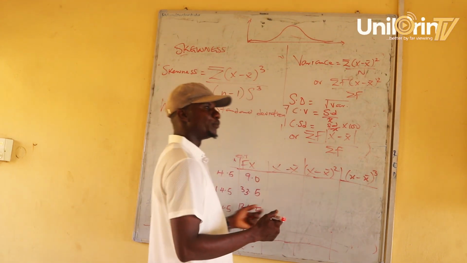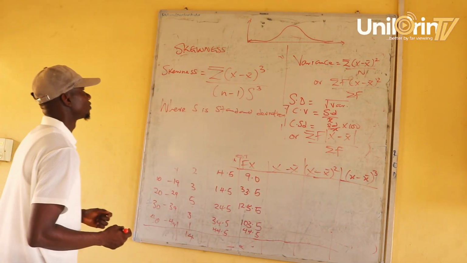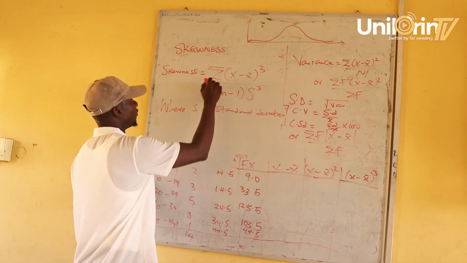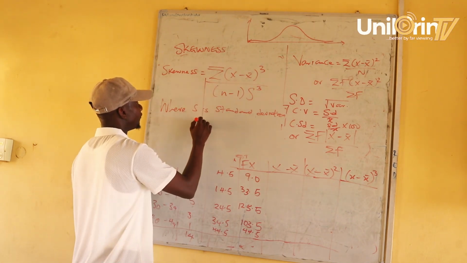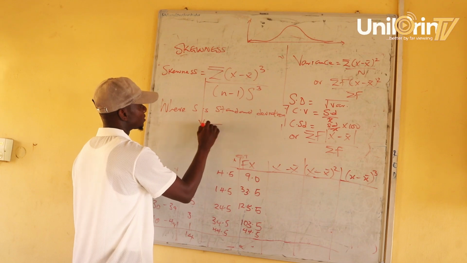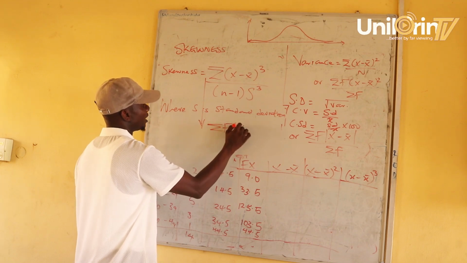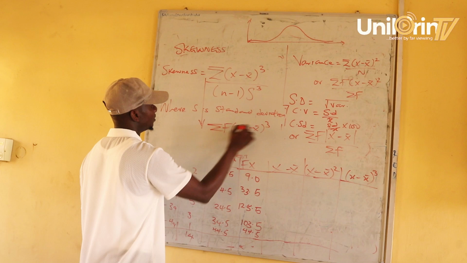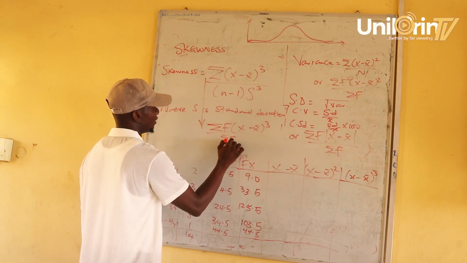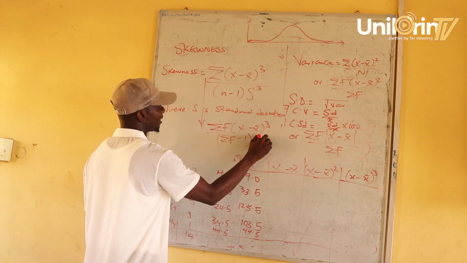Then a third column, because you are dealing with frequency. For frequency observation, we say skewness is summation f times x minus x bar cubed over summation f minus 1 multiplied by s cubed.